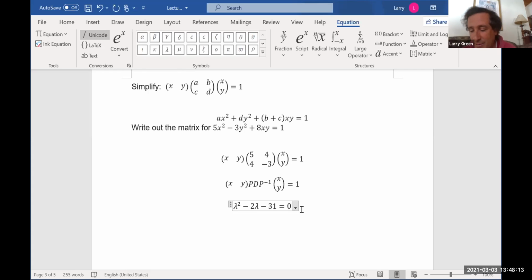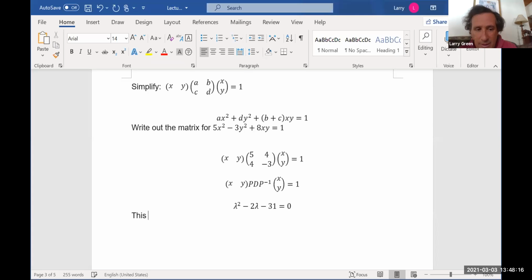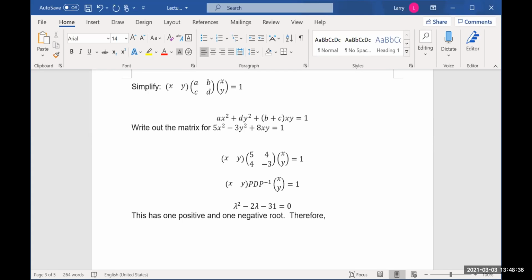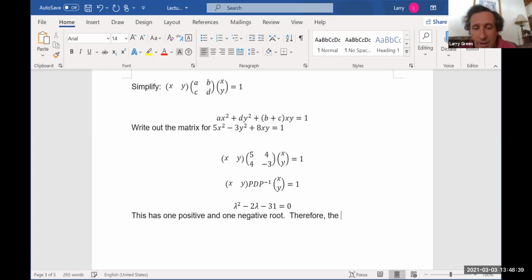So notice this has positive and negative roots. Therefore, what can I say about the shape of this 5x squared minus 3y squared plus 8xy equals 1? It's a hyperbola. So therefore, the curve is a hyperbola. Any questions on that?